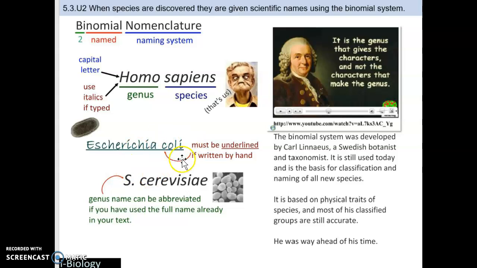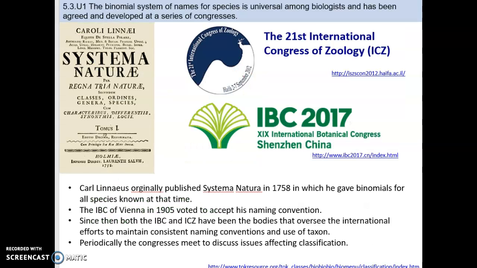It's the same even for bacteria. Escherichia coli is just written as E. coli, so some can be abbreviated. If you've already used the full name in your text, the first time you'd write Escherichia coli, and the second time you just put E. coli.